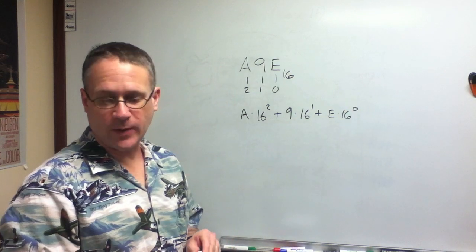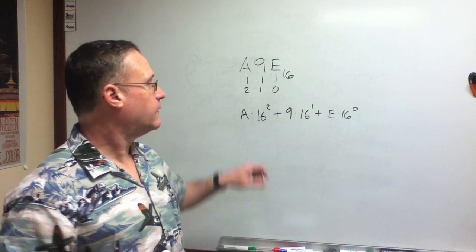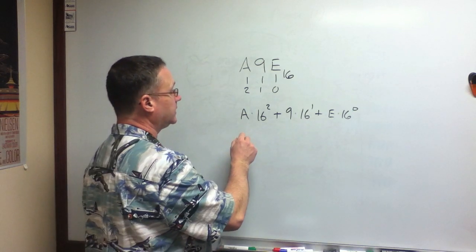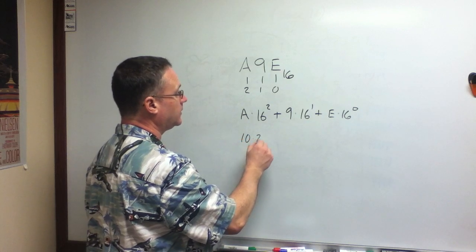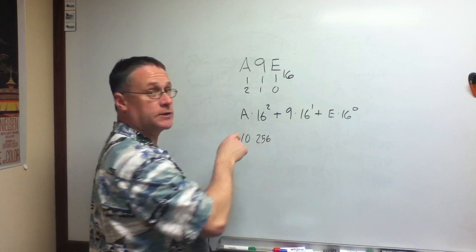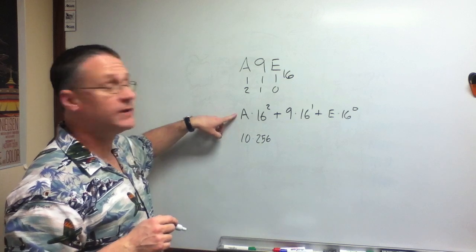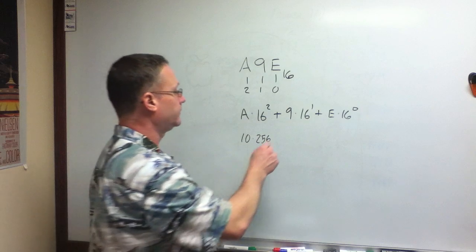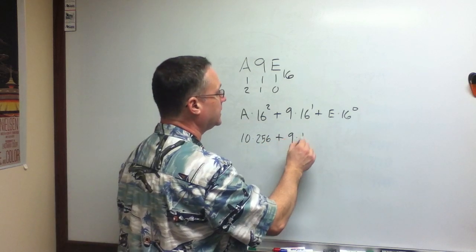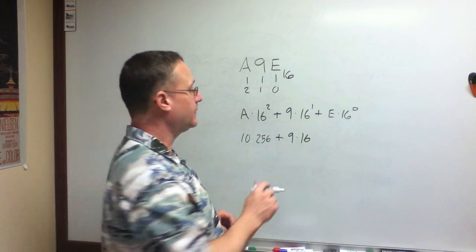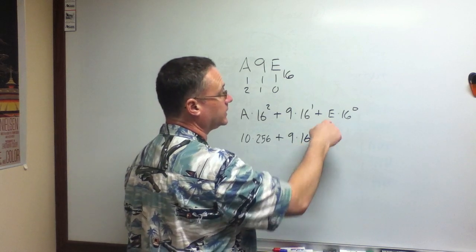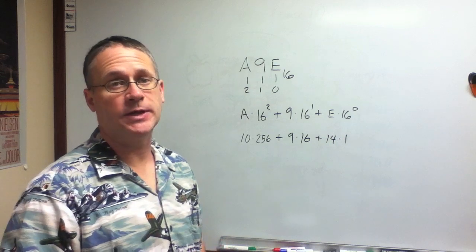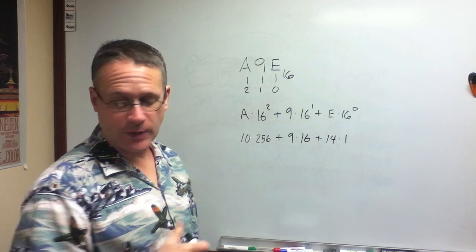All right, remember that we had different values for these. These represent different numbers. So this is 10 times 256. So the 10 is the decimal equivalent of this hex digit. 16 squared is 256. Plus 9 times 16. That's pretty self-explanatory. And then this one is 14 times 1, because E represented 14. All right?